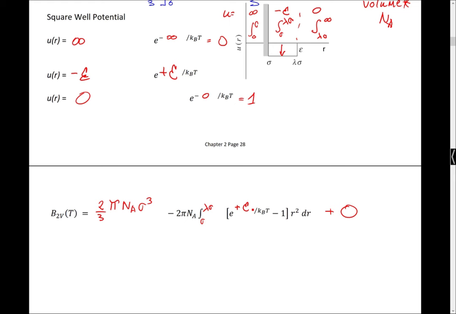So this will become minus 2 pi Avogadro's number e to the plus energy of the well depth over kBT. And in chapter 3, we'll see the origin of that exponential term. Times the integral from sigma to lambda sigma of r squared dr. And we already know that the integral of r squared will be r cubed over 3.